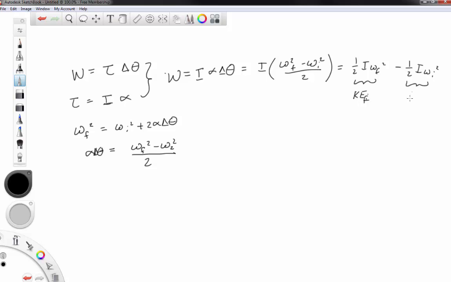This right here is the same thing as the initial kinetic energy, rotationally, of course. So this difference, therefore, is collectively going to be equal to delta E_KR. It's the change in kinetic energy. So that is the work energy theorem as applied to rotational mechanics.